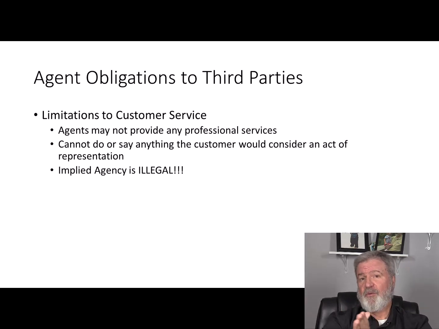What have you now created? Implied agency. And we already talked about this too, but we know implied agency is illegal. Don't go there. You will get in trouble over that. So just be careful with that.